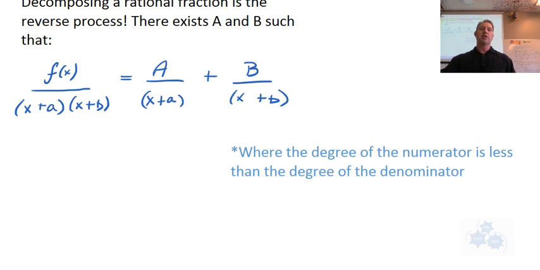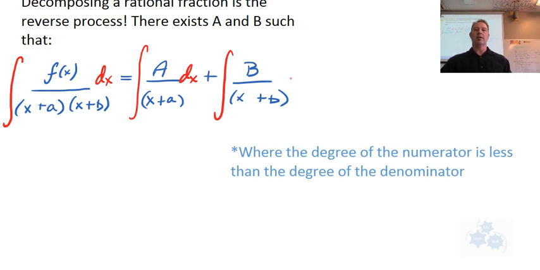The reason why we're going to do this, as I mentioned already, is that the integral of something like this may be very daunting. But the integral of this, being that a is a constant, and this, being that b is a constant, becomes very easy. We spoke earlier about the integral of, let's say, 1 over x. If you integrate that, that's very easy.